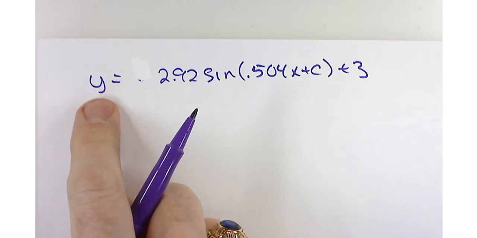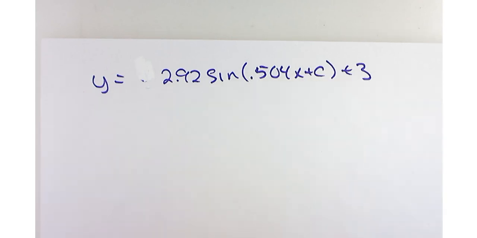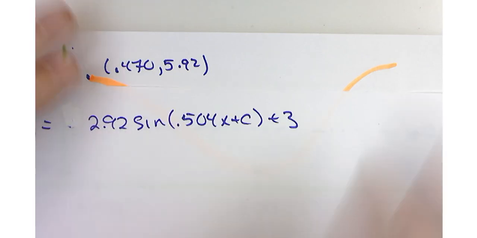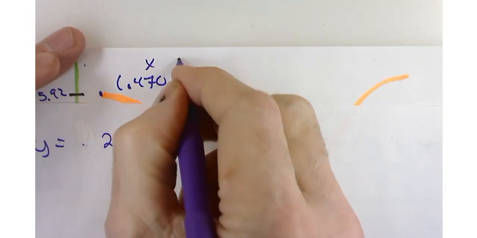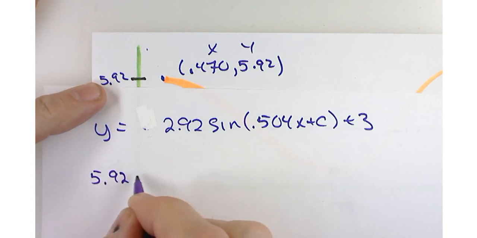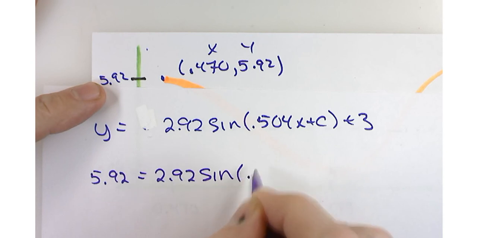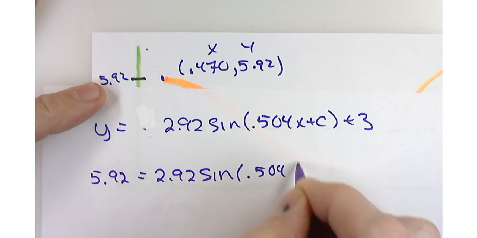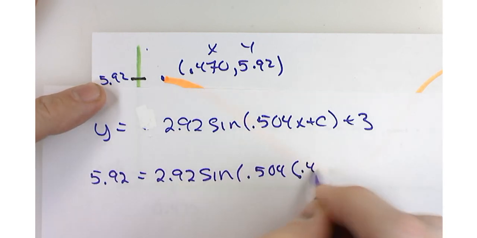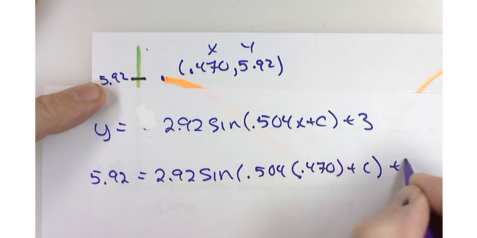I don't know what y is, I don't know what x is, I don't know what c is. Ultimately, I want to solve for c. So if I put in the coordinates of that point, here's my x and here's my y, I get 5.92 equals 2.92 times the sine of 0.504 times 0.470 plus c plus 3.